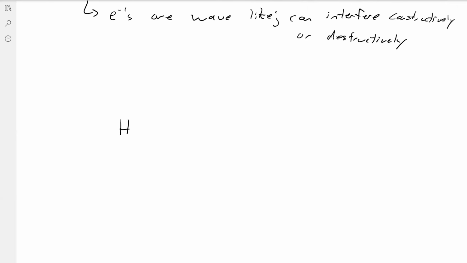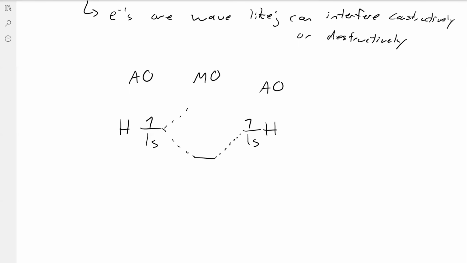And so what happens is you have atoms combined. So here's the hydrogen with its 1s orbital and 1 electron each. And then these are the atomic orbitals, or the AOs. And then in the middle, they combine to form these molecular orbitals. When they combine constructively, they form a lower energy state. And when they combine destructively, they form a higher energy state.